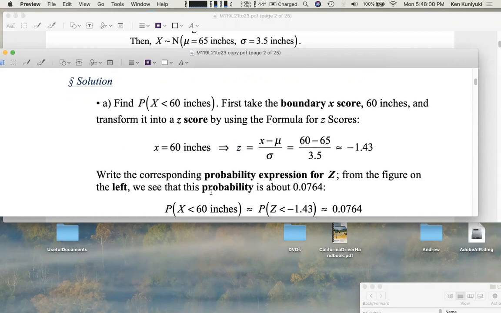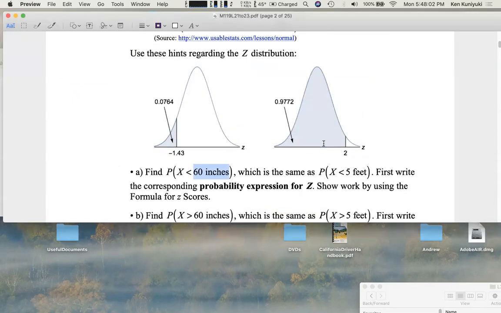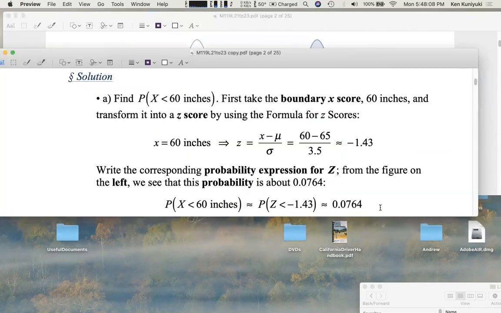As we dictate in the problem, you need to write the corresponding probability expression for Z, the standard normal random variable. So the probability that X is less than 60 inches is about the probability that Z, the standard normal Z, is less than negative 1.43, which is the z-score for 60 inches. I say about because remember, negative 1.43 was an approximation.